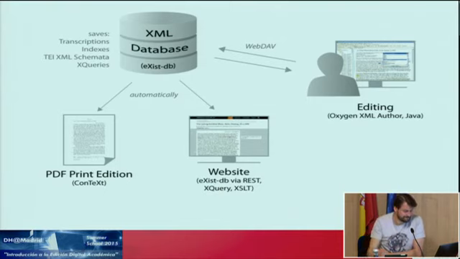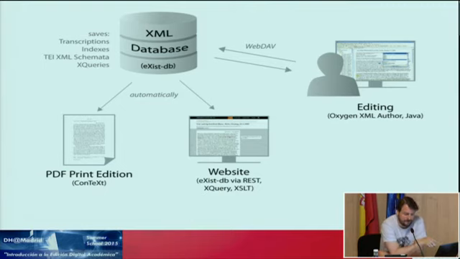So this is the setup we use at home in Berlin. We have the XML database in the center. That is eXistDB, and there everything happens. This is the heart of our whole digital scholarly edition infrastructure. On the right side, you can see the user working with Oxygen inside eXist.